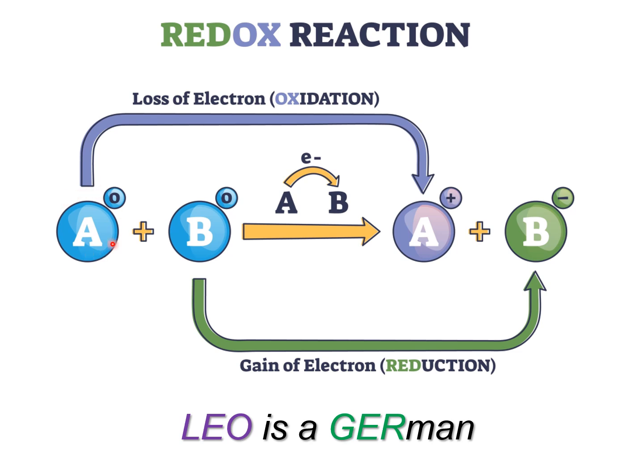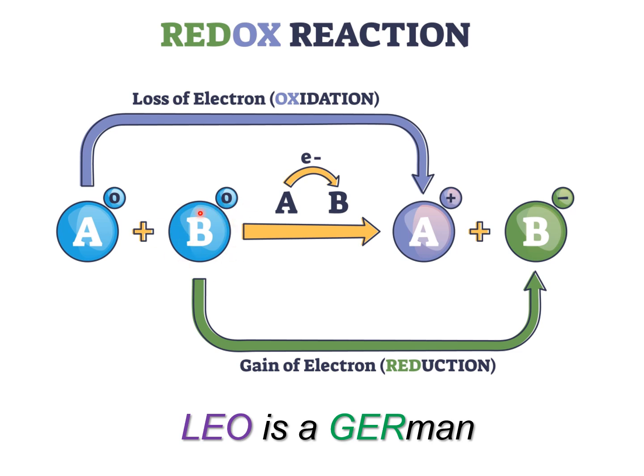If you lose an electron, like here, this A becomes an A positive. It's lost an electron, so now it's got a positive charge. It has been oxidized. That's because oxygen frequently steals electrons from other molecules, right? For instance, glucose.